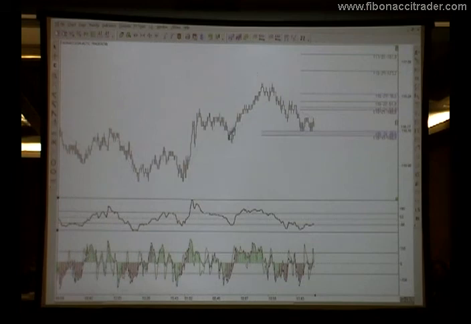The idea here being that if the uptrend is going to continue, you would not want to see that support broken because that support represents the rhythm of the uptrend. Does that answer your question? And then what I'm looking for is for the retracements to overlap.